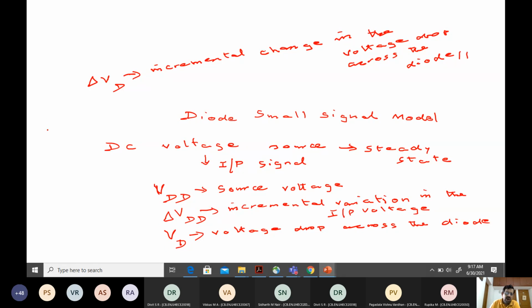Earlier, we considered the steady state current through the diode for a simple circuit with a current limiting resistor in series with the diode and the source.